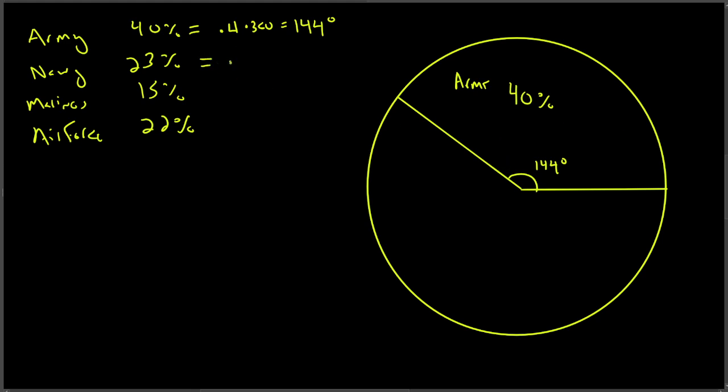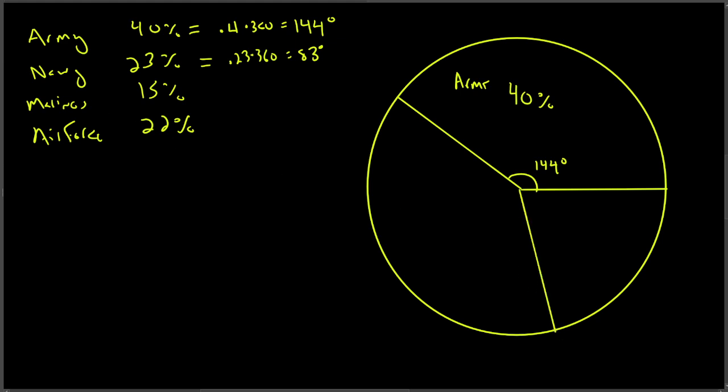Let's figure out how much the Navy has. That's 0.23 times 360. Again, running to my calculator, that's roughly 83 degrees. So I need to make an 83 degrees from there. Let's go back to my angle tool. So let's see, 70, 90, 81, 82, 83. All right.